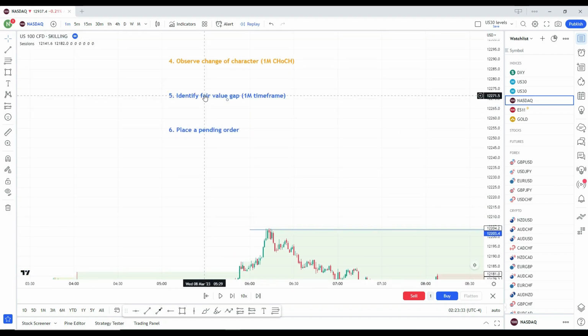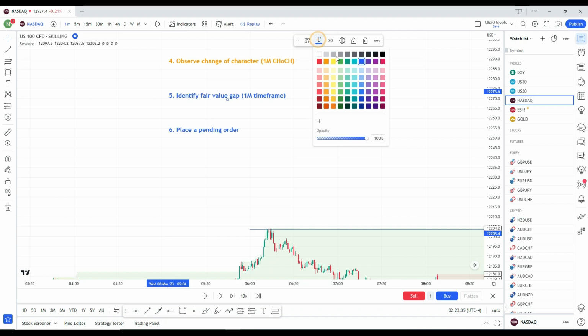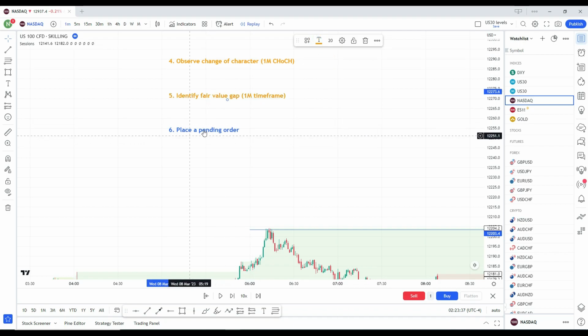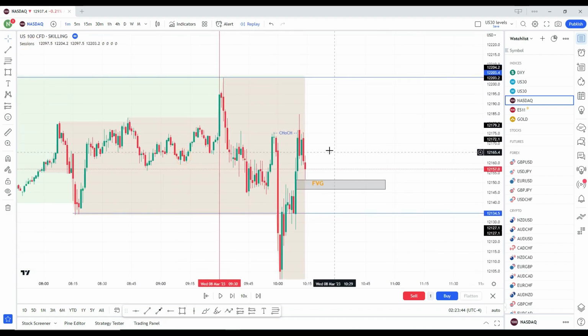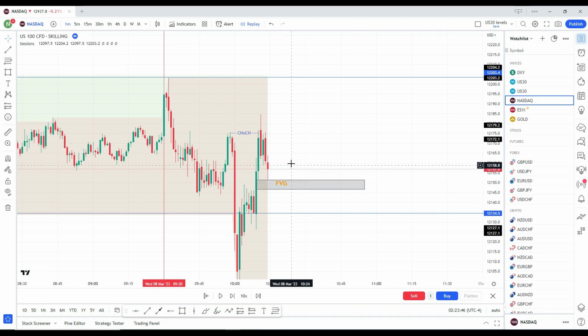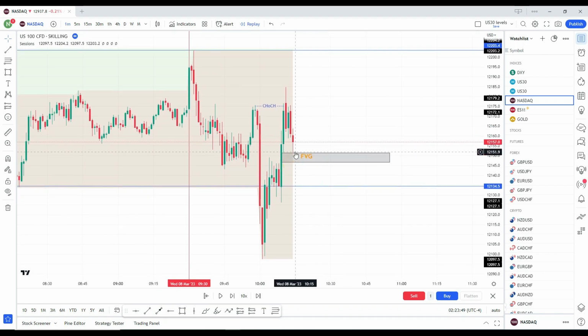Finally, we place a pending order. So this is the last step. So our pending order will be placed right at the fair value gap. So in this case, we're taking a buy.